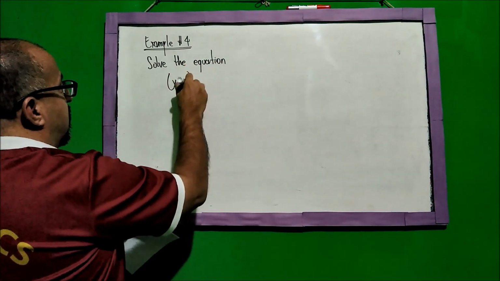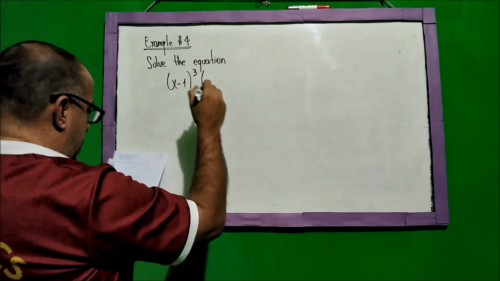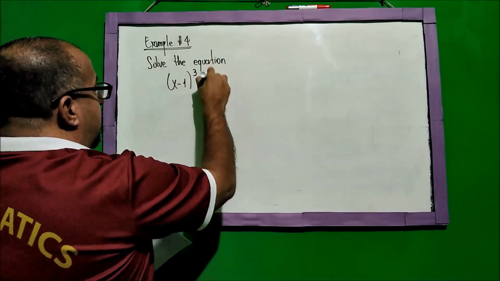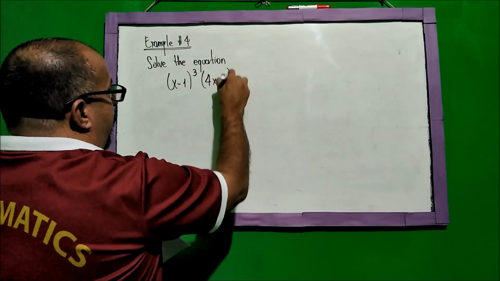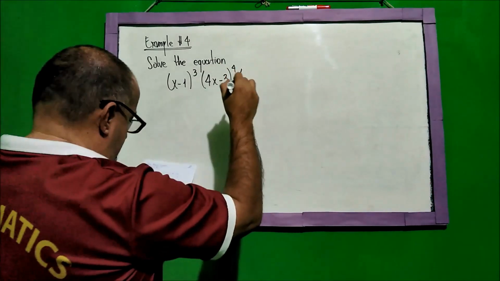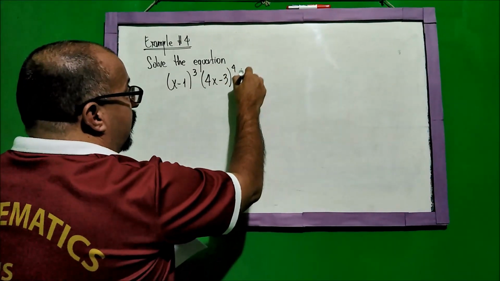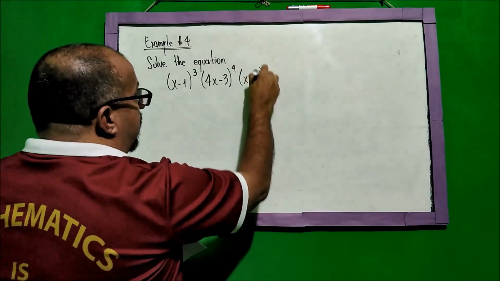(x minus 1) to the third power times (4x minus 3) to the fourth power, and we have one that is a single root, which is going to be x plus 7.